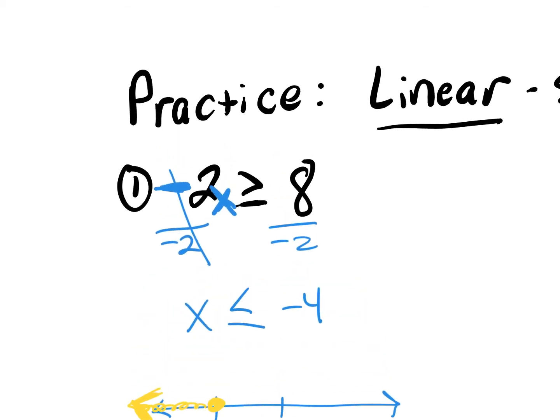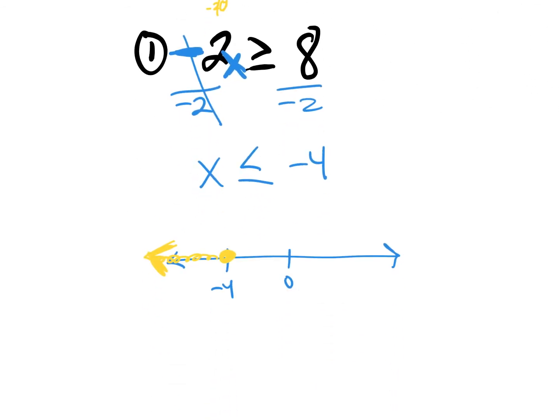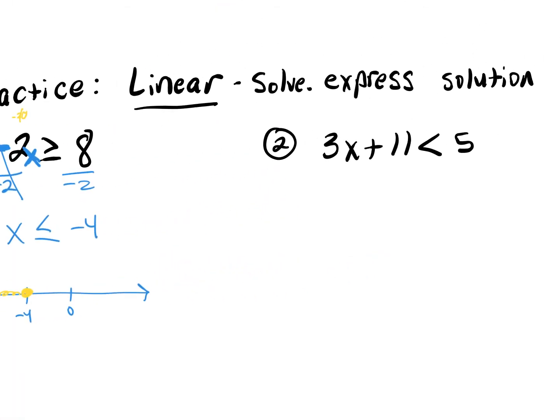No, so check 0. Plug it in here. What's negative 2 times 0? 0. Is 0 greater than 8? No, so good. Your solution is correct because you did not include 0. It's always good to check 0. If you colored over 0, then 0 should make your inequality true. If you did not color on 0, then it should make your inequality false. But 0 is an easy number to use.